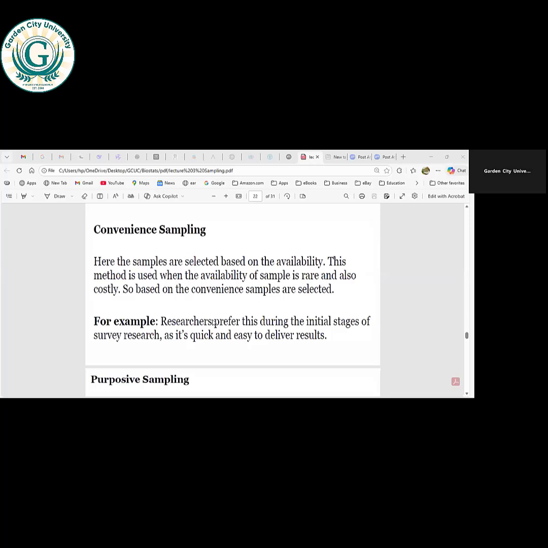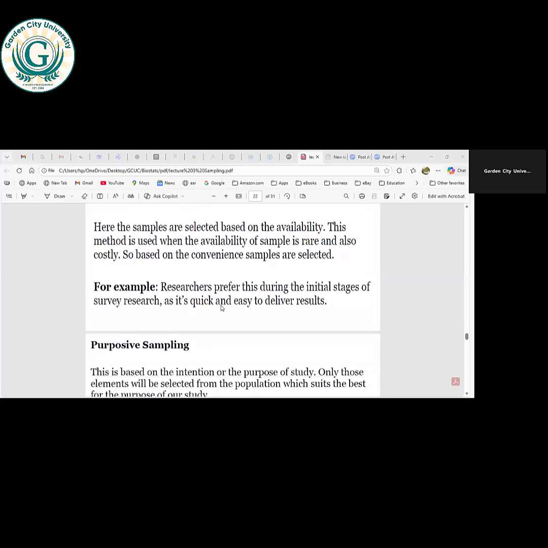For example, I want to do research on midwives in Ghana. And as long as I teach midwives, I'm saying, okay, these people are available. So I'm going to use convenience sampling to select midwives and ask my questions from them. At the end of the day, I've sampled based on my own convenience. And that is what we refer to as the convenience sampling technique.